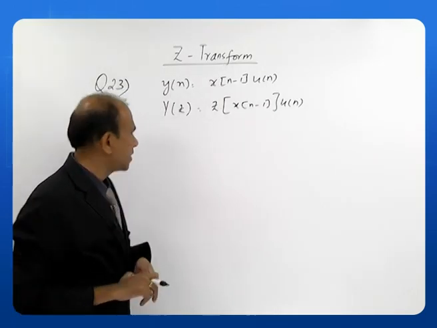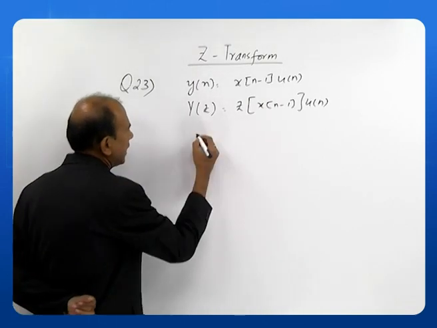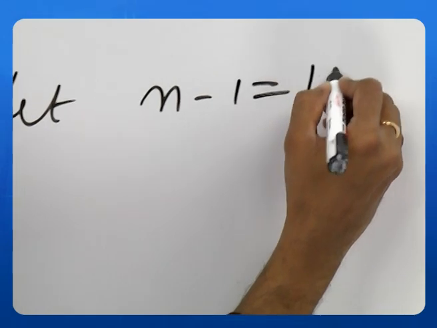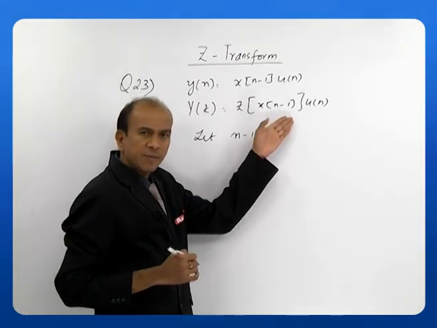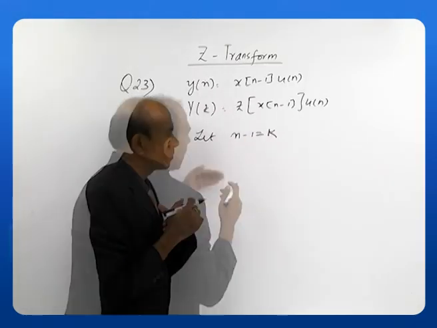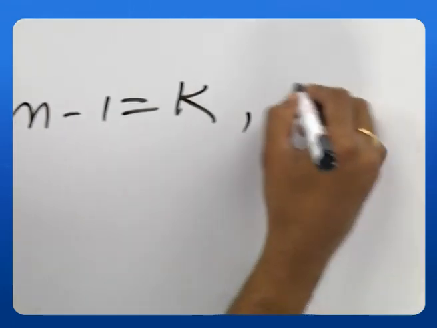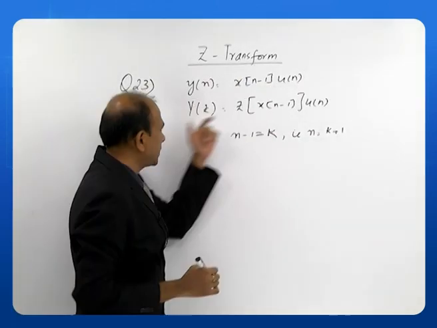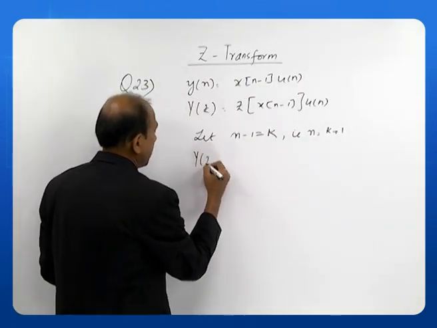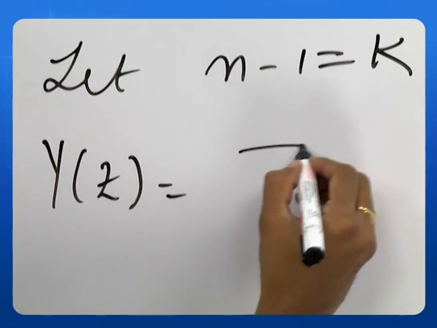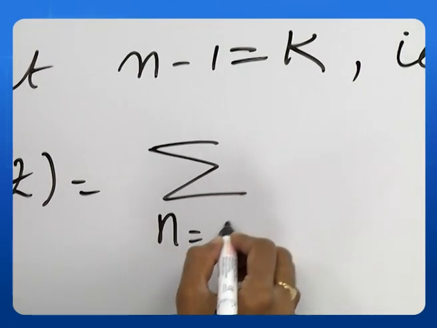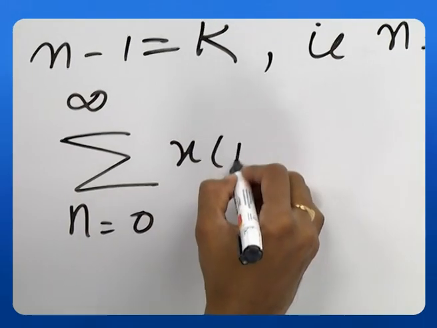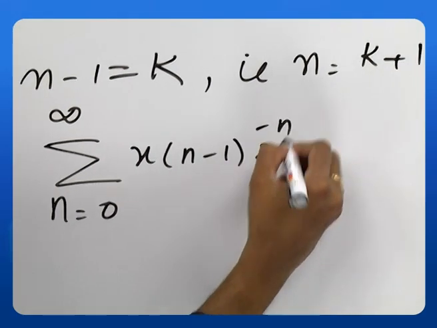Let us solve this. Let n minus 1 be equal to k. That is, n is k plus 1. So y of z now will be equal to the summation n equal to 0 to infinity, x of n minus 1 z to the power of minus n.